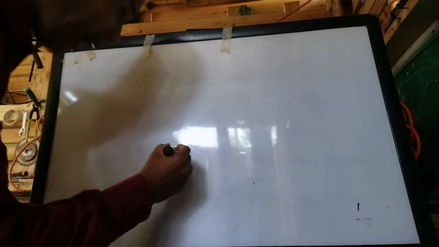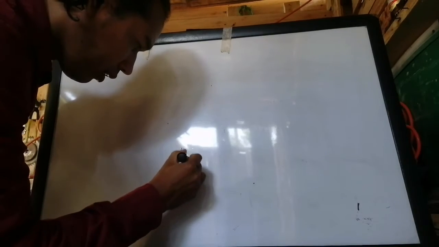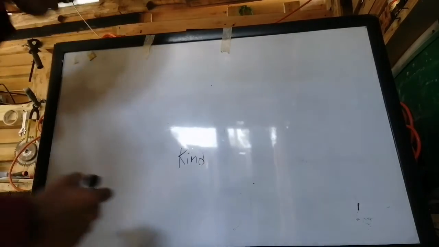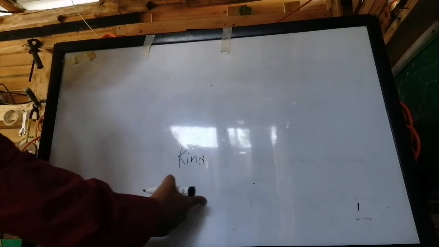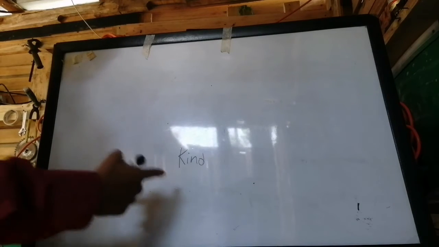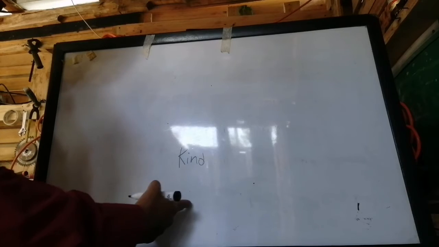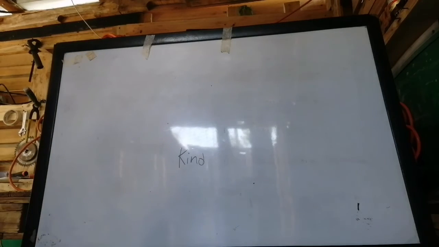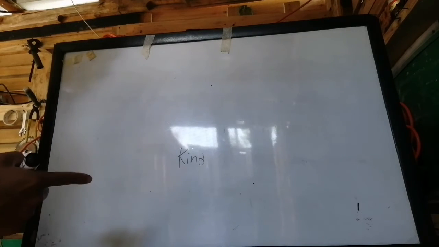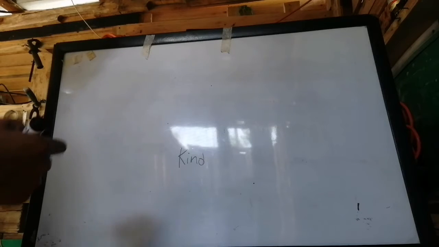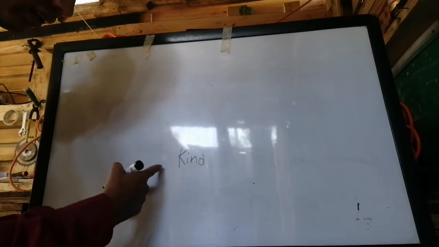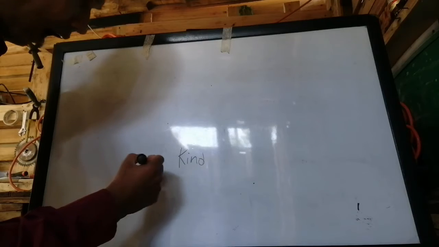So we have the word kind. Kind is a free morpheme because this word can stand alone as a word. Okay, we are going to add an affix, or prefix in this case.